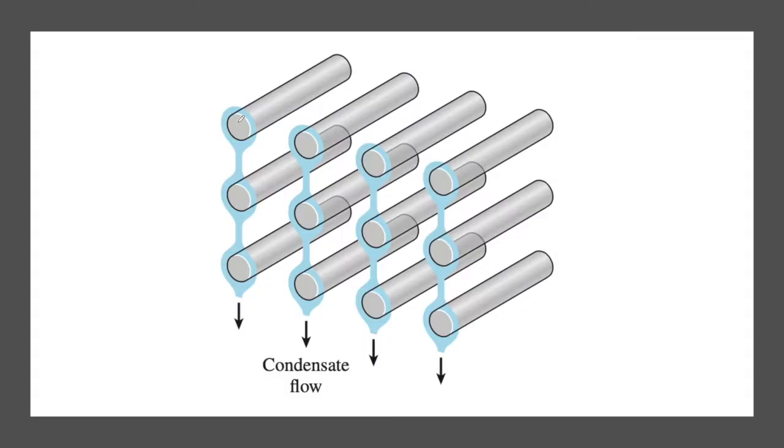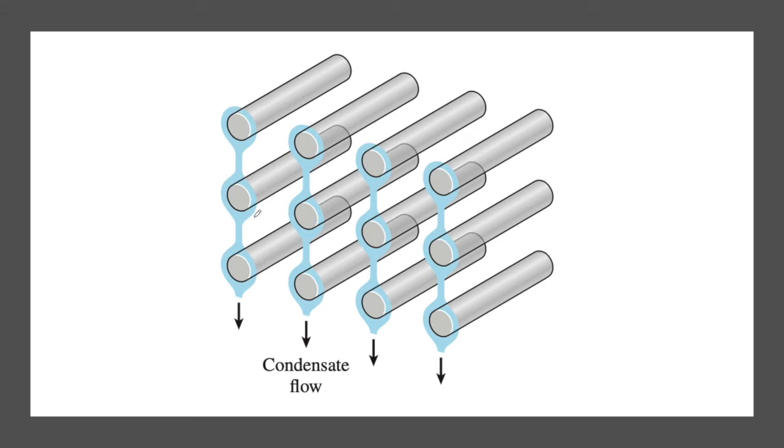We have 3 rows of tubes, and the columns would be 1, 2, 3, and 4. So we have 4 columns of tube banks and 3 rows of tube banks.